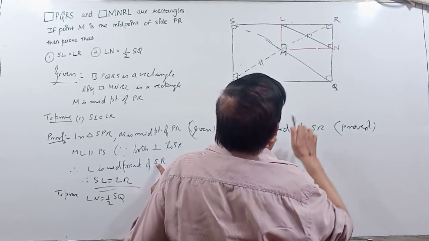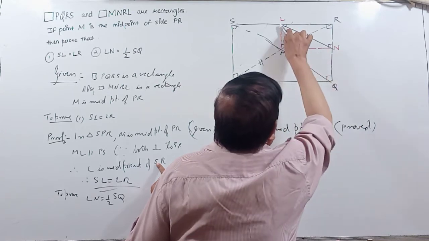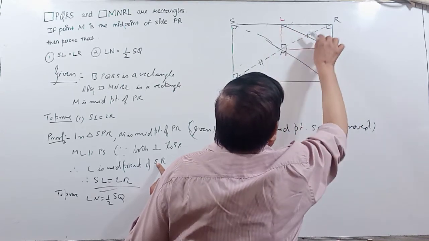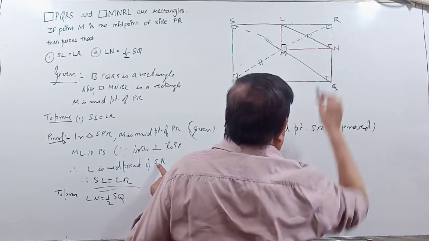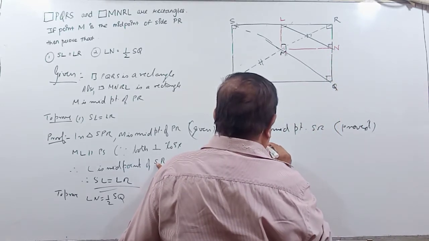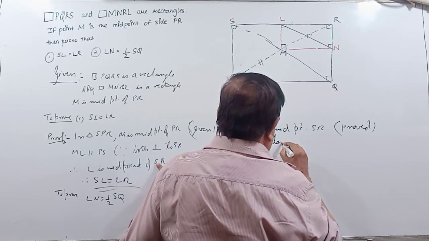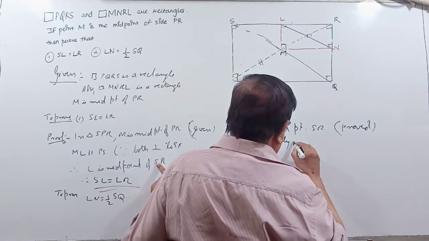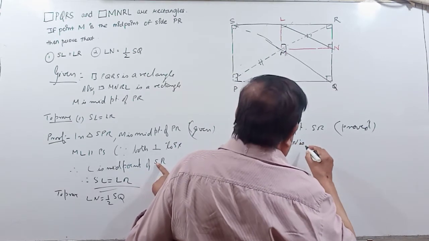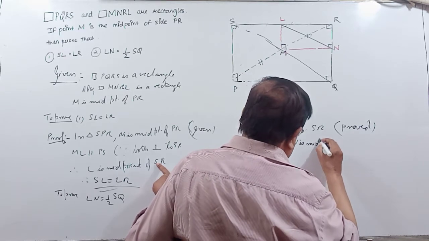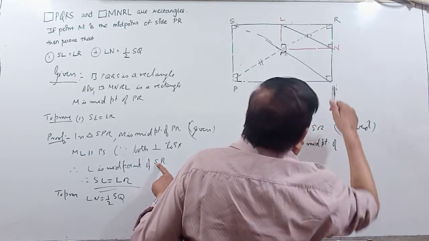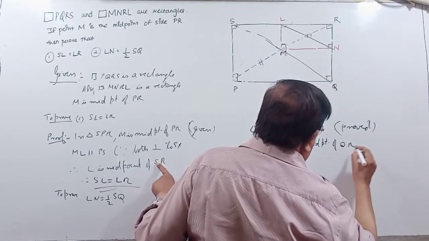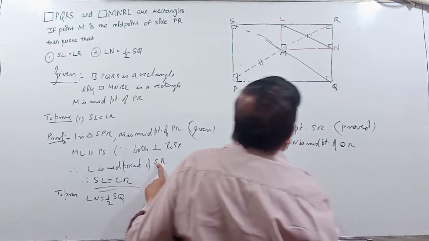Similarly, we can prove that N is the midpoint of QR.